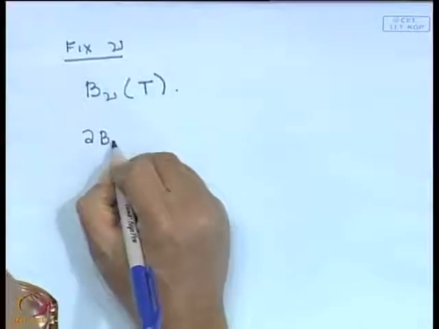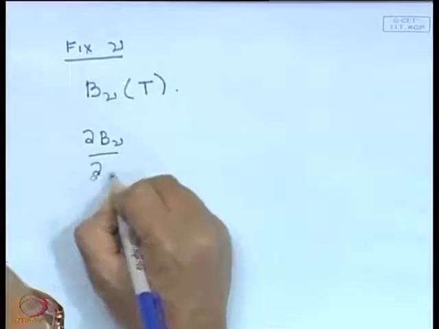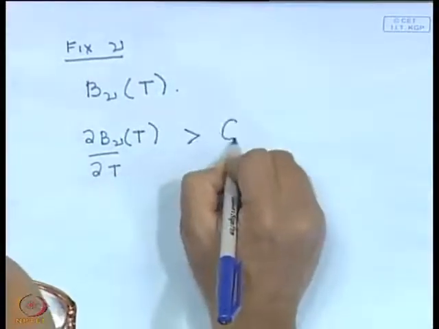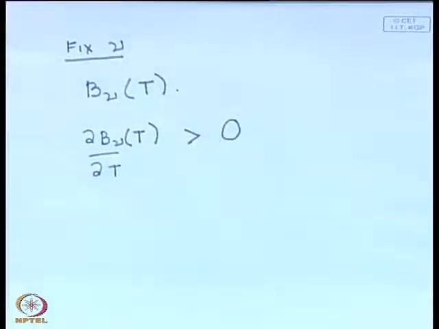Now, it turns out that del B by del T is positive. You can do this and check for yourself. It is straightforward. I am not going through the exercise. You just differentiate the expression that we have with respect to temperature, and you will find that this is positive. Okay.